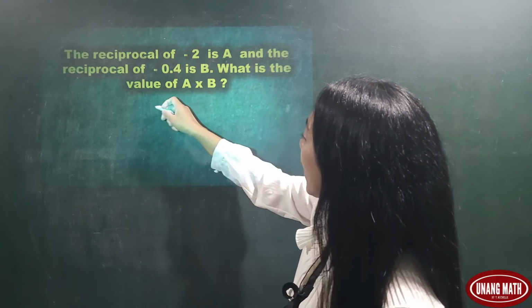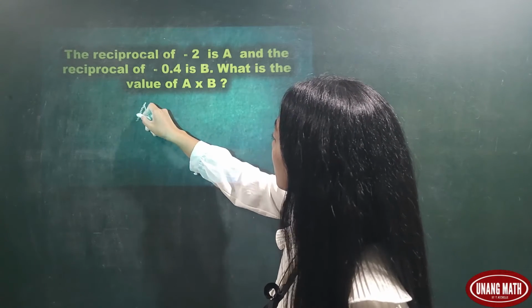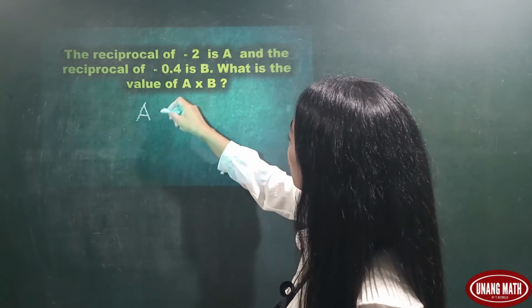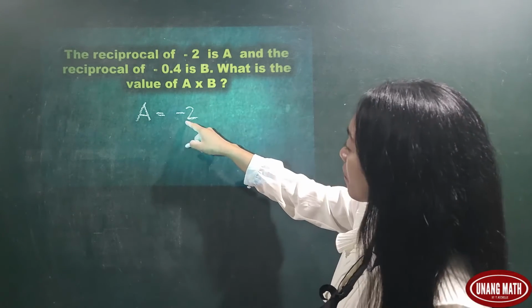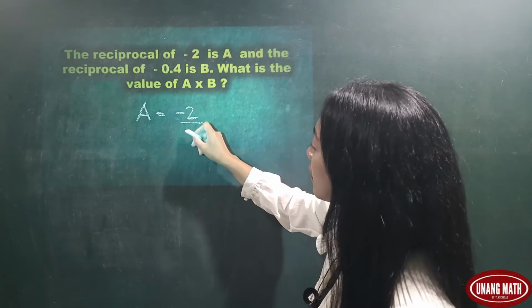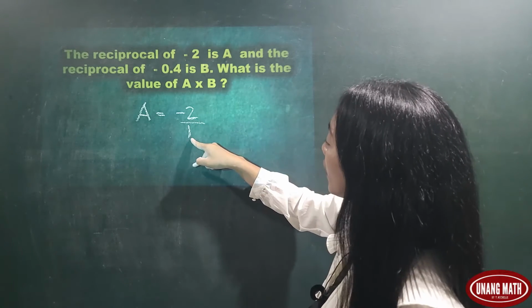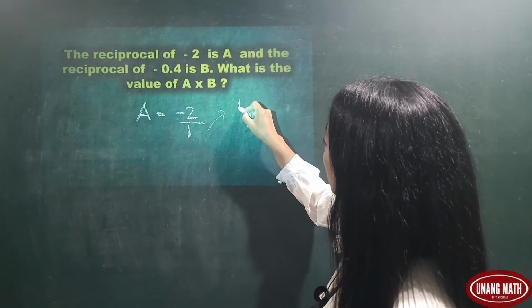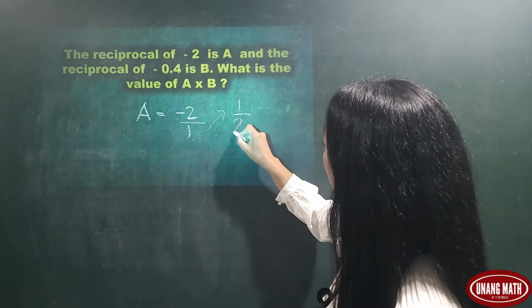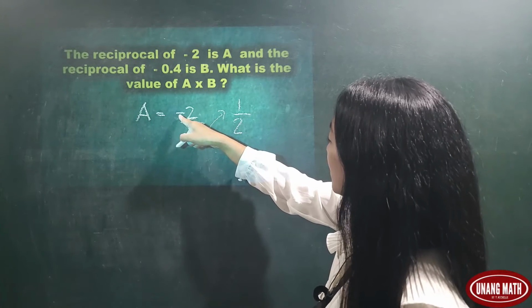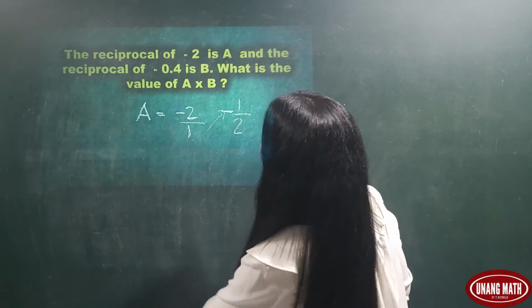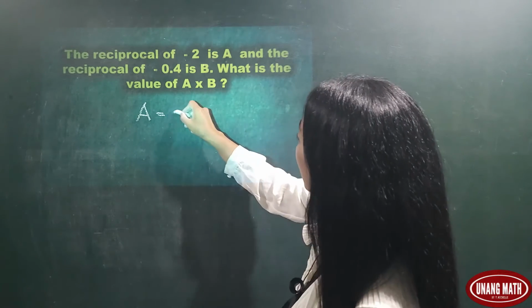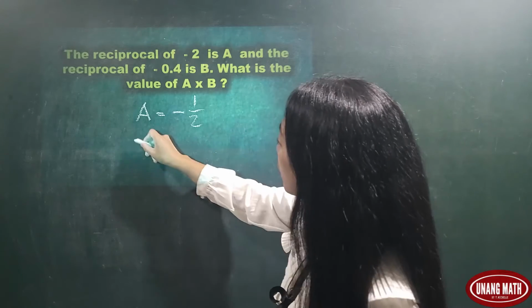Okay, get first the reciprocal of -2 and this is A. So -2, there is a denominator 1 here. So 1 is the numerator, denominator is 2. Since this is negative, reciprocal is also negative. So negative 1/2.